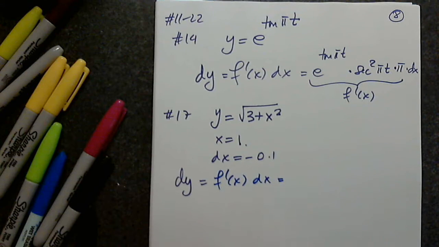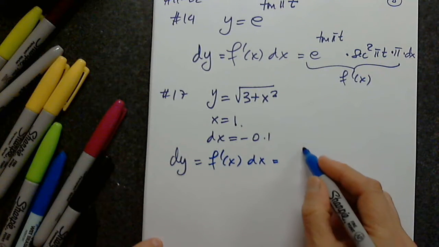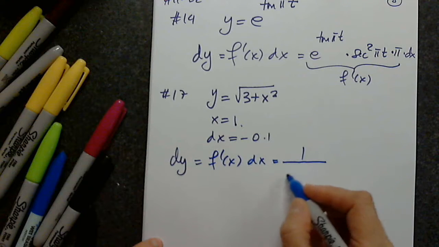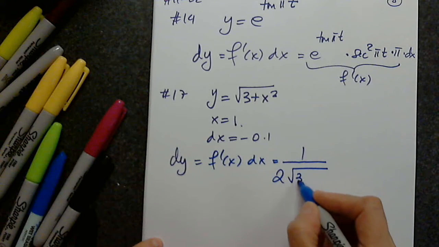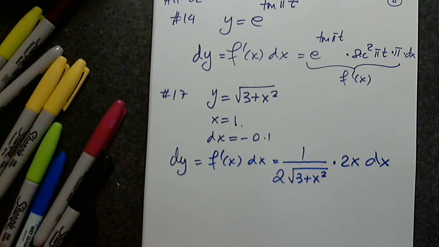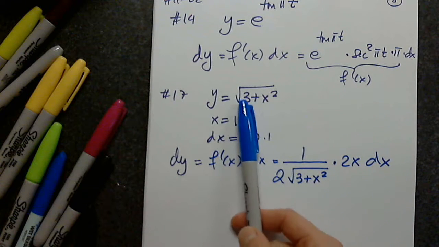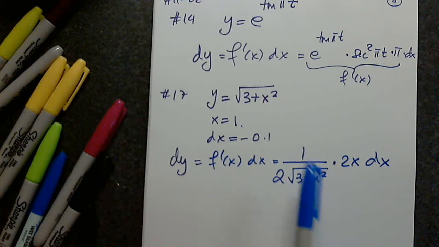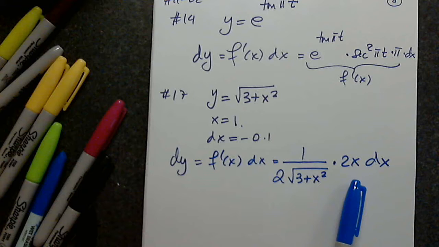And then f prime would be 2x. No, 1 over 2x. Or no, I'm including it. We have to commit to memory the derivative of the square root of a function. So the derivative of a square root of a function is 1 over 2 the square root times the inner function prime.